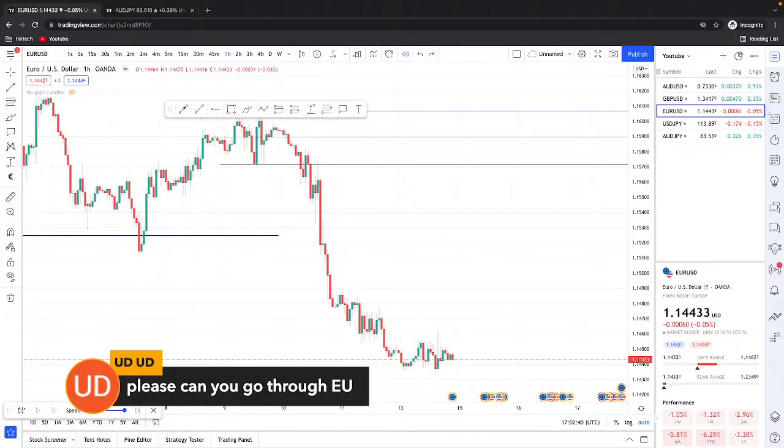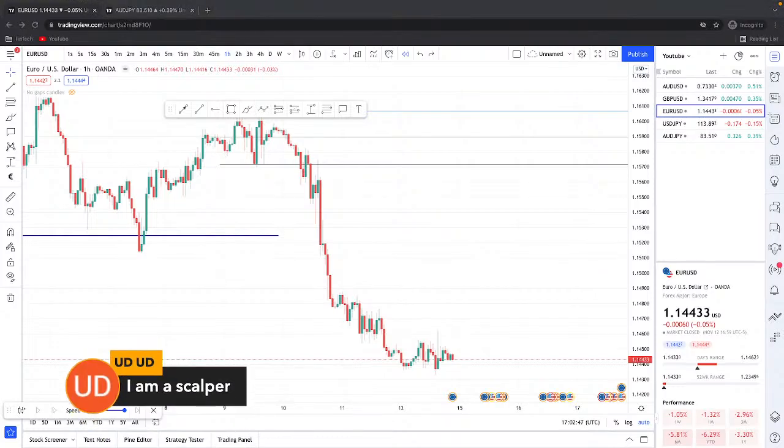Okay, scalpers, I will talk about the scalping model in coming days. So what you need to do when you wake up for London, 8 o'clock morning in London, is either look for a continuation of order flow, or look for a break, a fractured or disrupted order flow, like we did in the Aussie dollar.